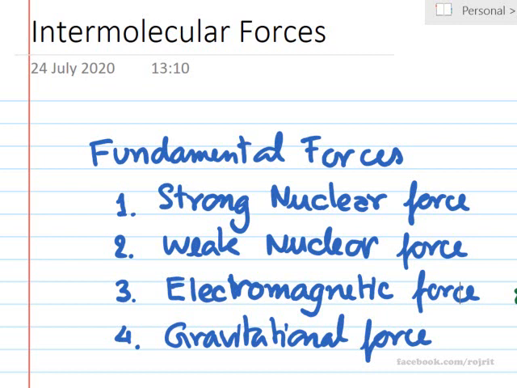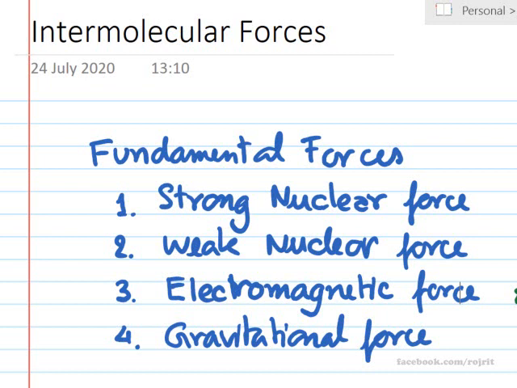That means you need something stronger than the electrostatic repulsion, and these are the nuclear forces, strong and weak. They hold the nucleus together and dominate the electrostatic repulsion among the protons inside.